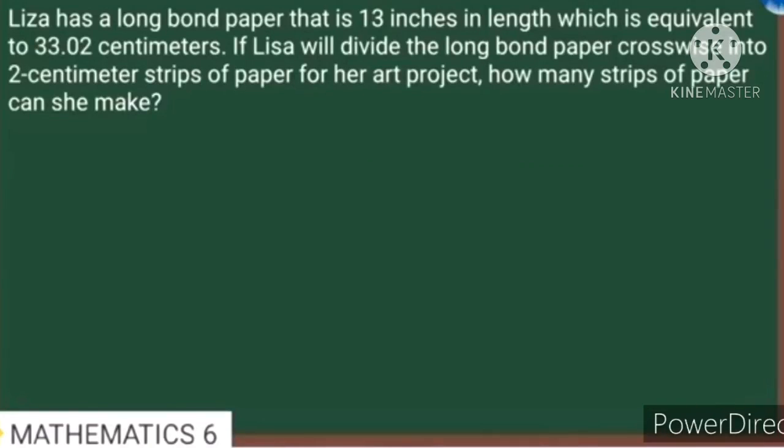Lisa has a long bond paper that is 13 inches in length, which is equivalent to 33 and 200 centimeters. If Lisa will divide the long bond paper crosswise into 2 centimeter strips of paper for her art project, how many strips of paper can she make?